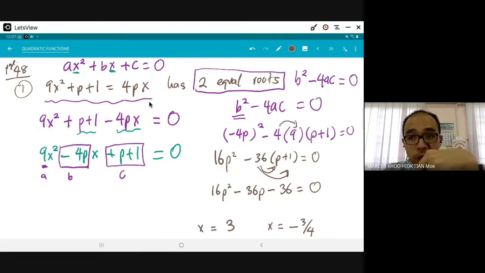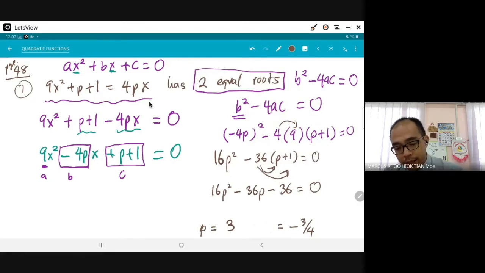Look at our quadratic equation. Apakah huruf dalam quadratic equation? P bahkan. So because of that, you cannot use X, you have to change the letter X with the letter P. Okay, P sama dengan 3 dan P sama dengan negatif 3 per 4. Dan disebabkan kamu boleh factorize, saya mau juga kamu letak 2 kurungan di sini. Okay, 4P plus 3 equals to 0.